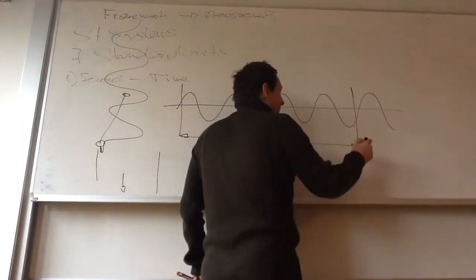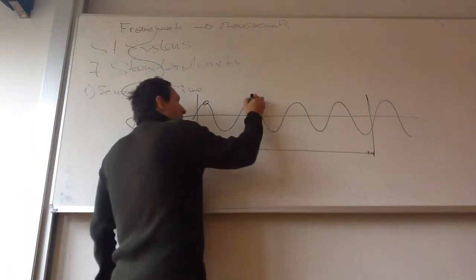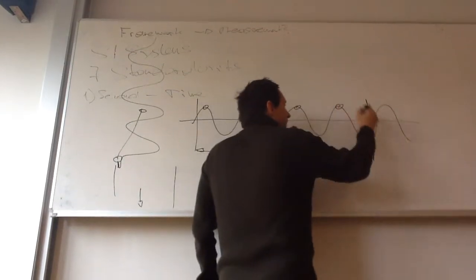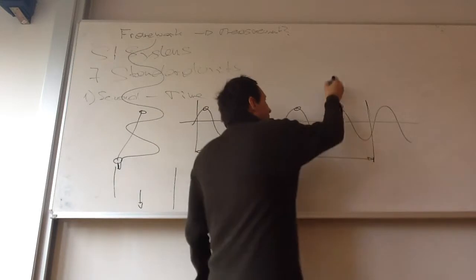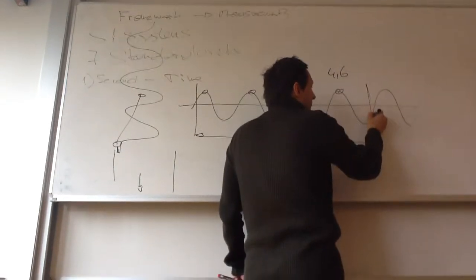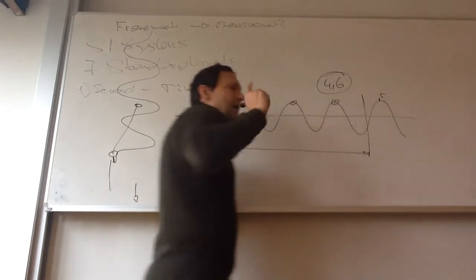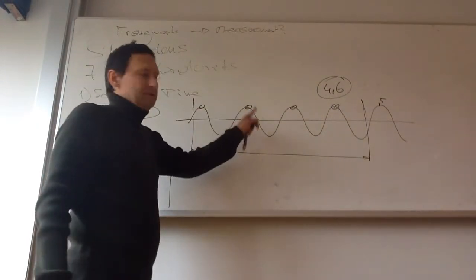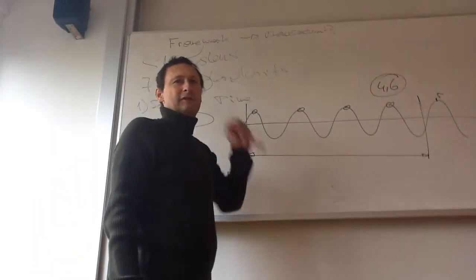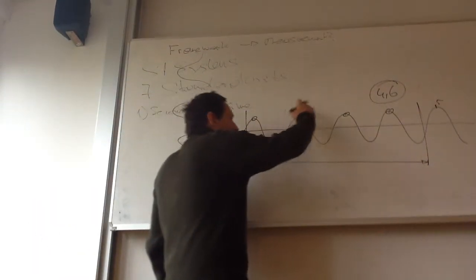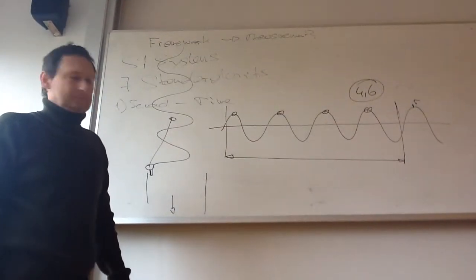Then we come up here. And then we are counting the peaks. It's 1, 2, 3, 4, 4.5, 4.6. Let's say it's 4.6. Here we will get 5. And now the number of full excursions per second, 4.6, is what we call frequency. So the frequency of this movement is 4.6 hertz.